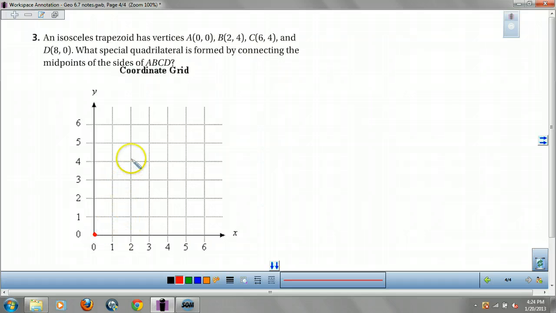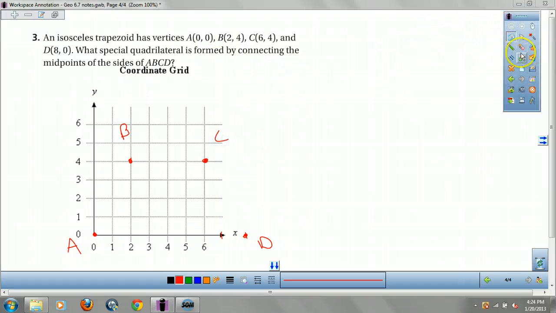A, B, C, D. Okay, we have this beast. We have this parallelogram. Not a parallelogram, it's a trapezoid.